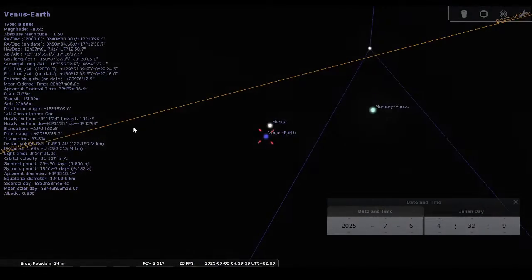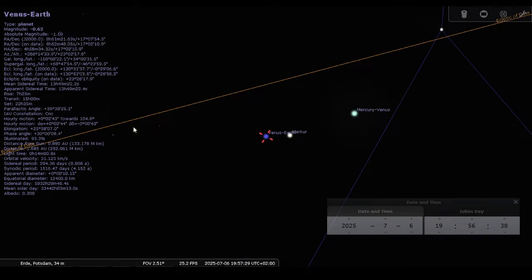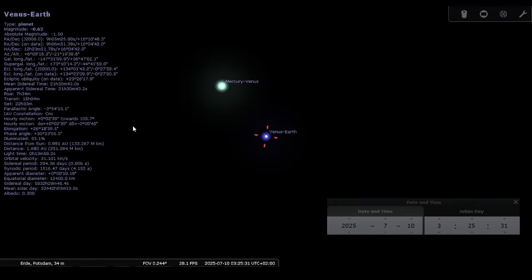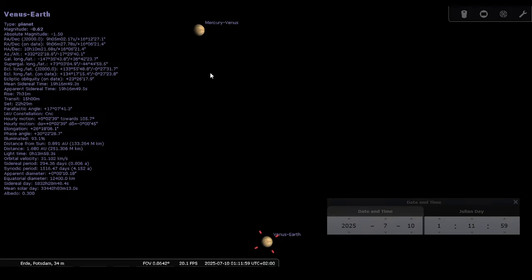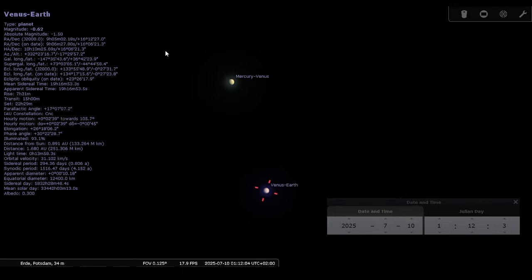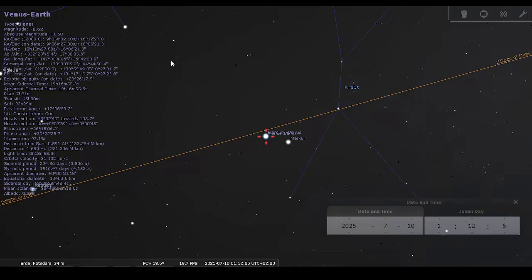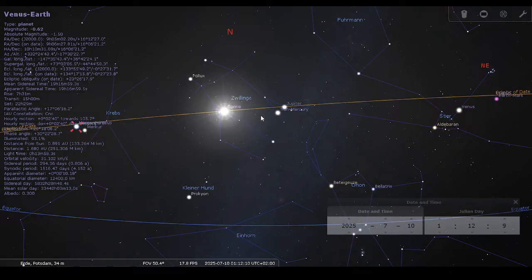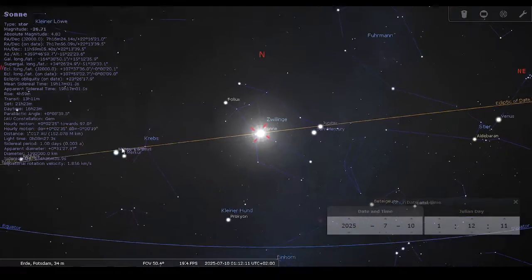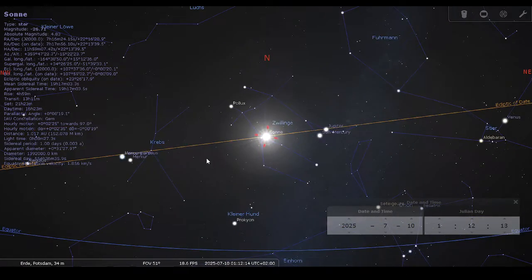There are some planets meeting each other here. Mercury, Venus is moving. These two planets are rather close located to each other. And then, of course, I've explained a bit about Mercury-Venus.